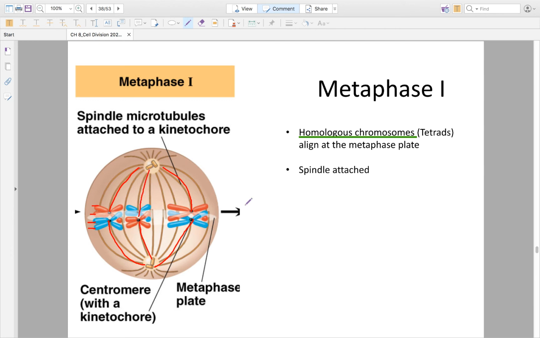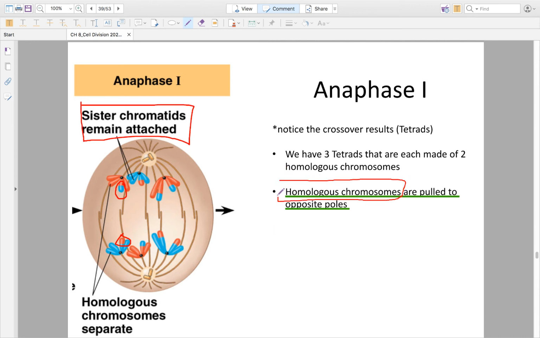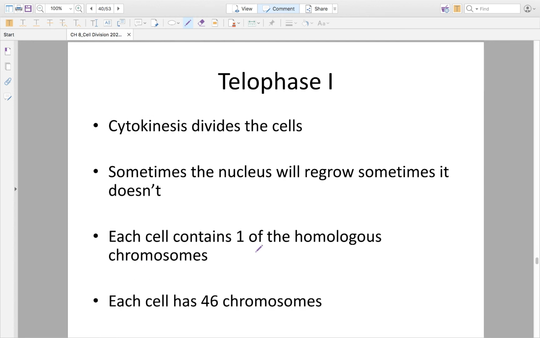Okay, so in anaphase 1, meiosis 1, what's going to happen is homologous chromosomes are pulled apart. So see these little guys? Okay, and you can see the little crossover right there on each one. All right, but this is important. Sister chromatids stay attached. What's been separated? Homologous chromosomes. Remember the terminology. It's going to be key.